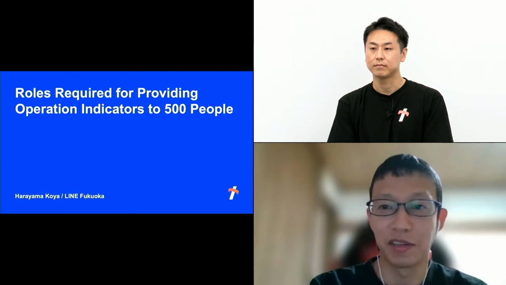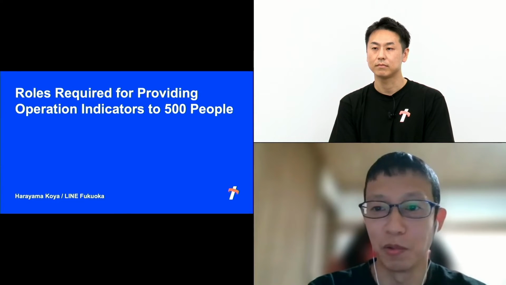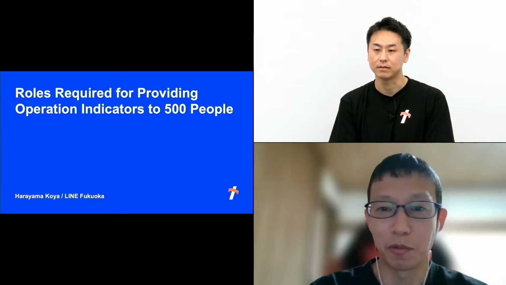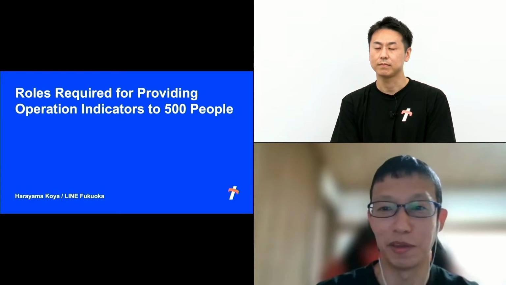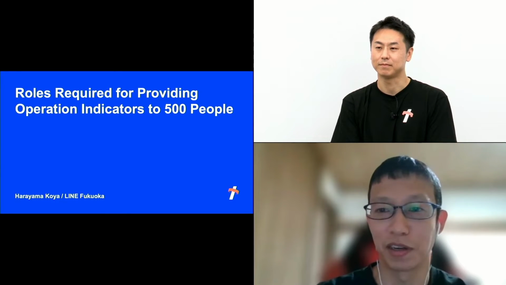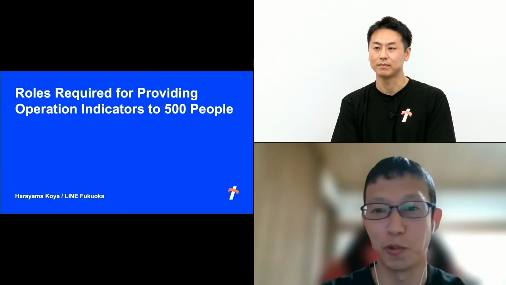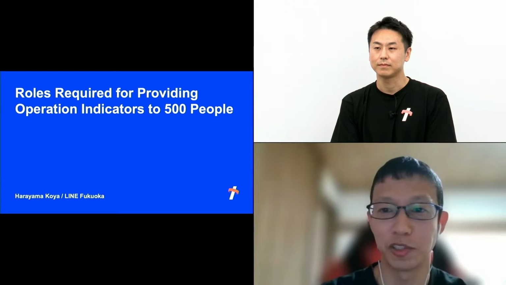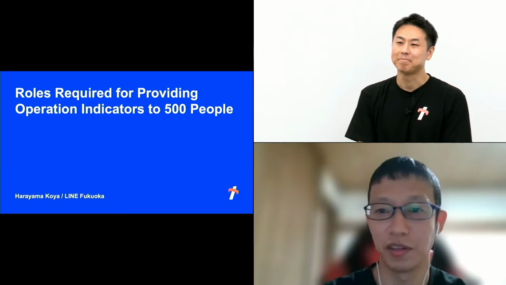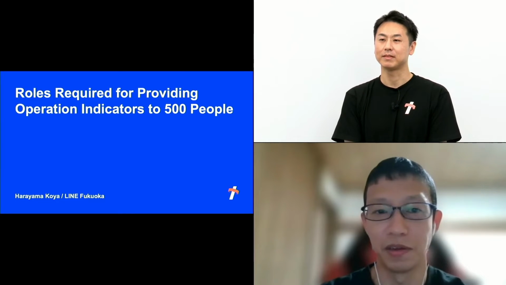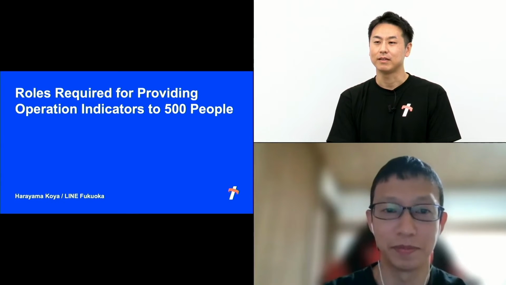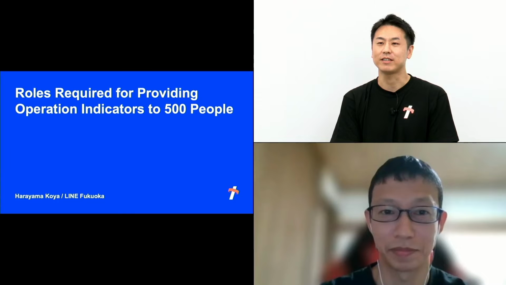From the start of the project, you defined the roles, and I thought that was excellent. What typically happens is that you decide KPIs and you tend to consolidate data. That is a typical approach that people take. But this time, clearly, you defined roles. And why could you define the roles clearly?